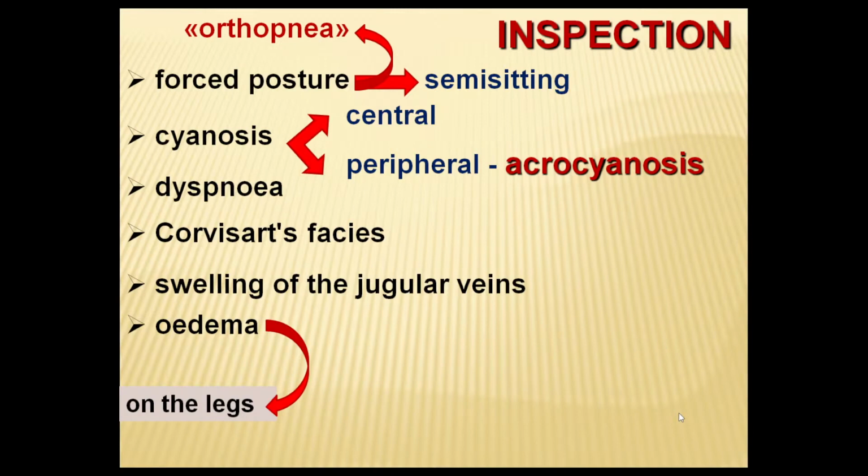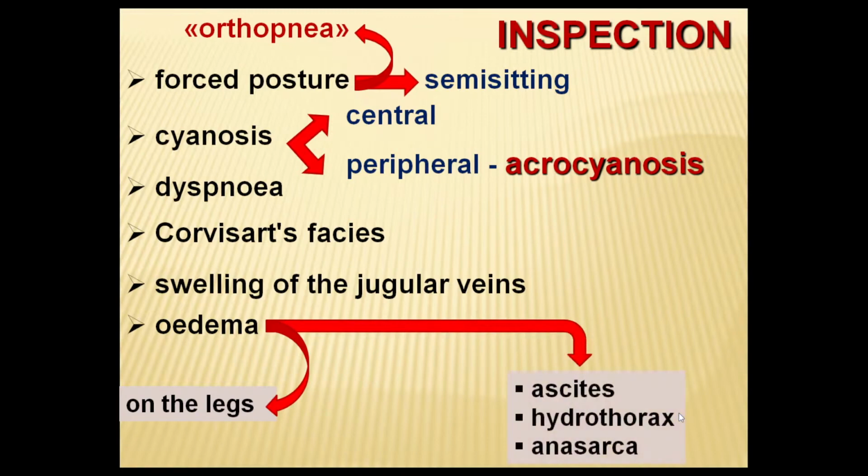First of all, blood is congested in the lower part of the body and we'll reveal edema on the legs, first only towards the evening, and then the entire day.